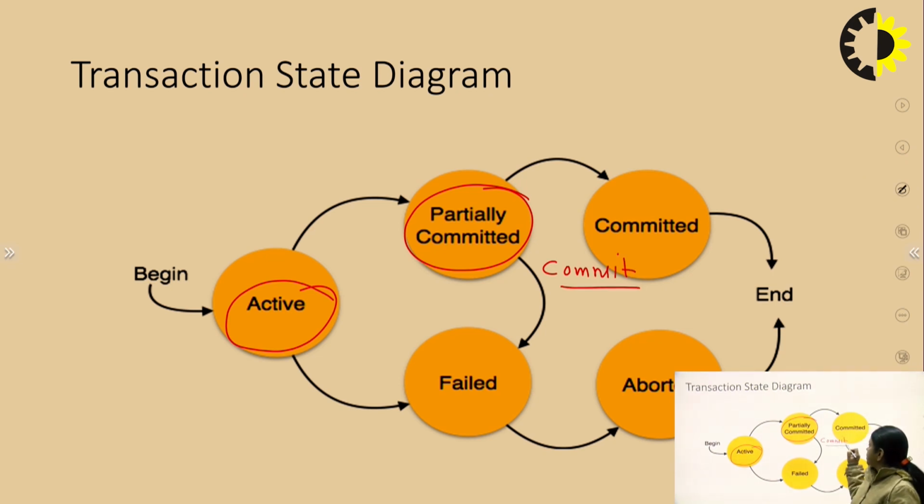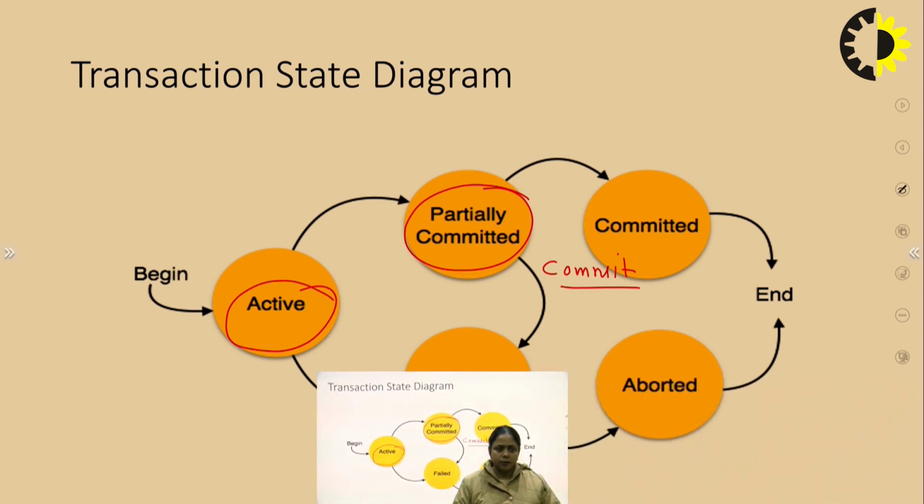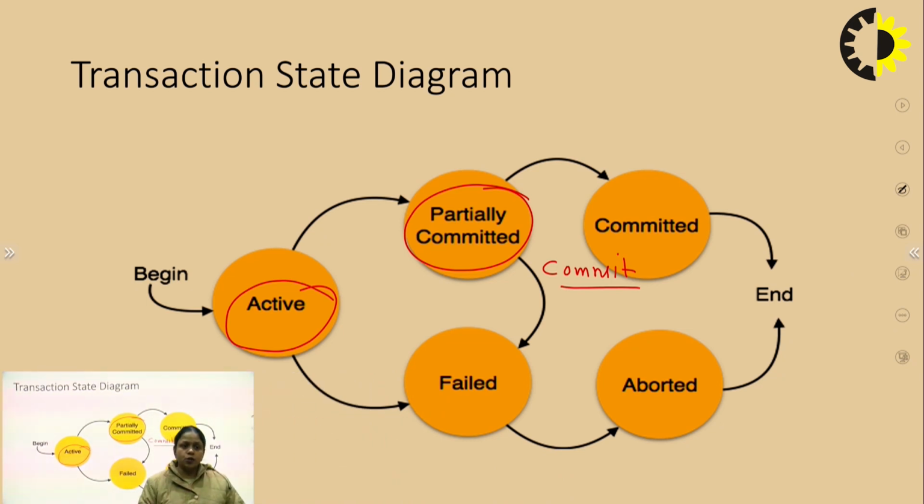Commit is a statement. With the help of this commit statement, we can save the changes permanently into the database. So when the transaction is partially committed, what it means? It means it has already executed all the operations of the transaction, but it is not committed yet. When the transaction executes the commit statement, then this is known as the committed state.